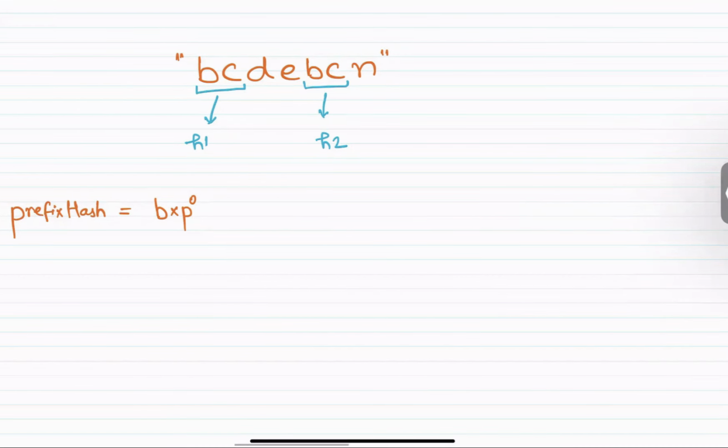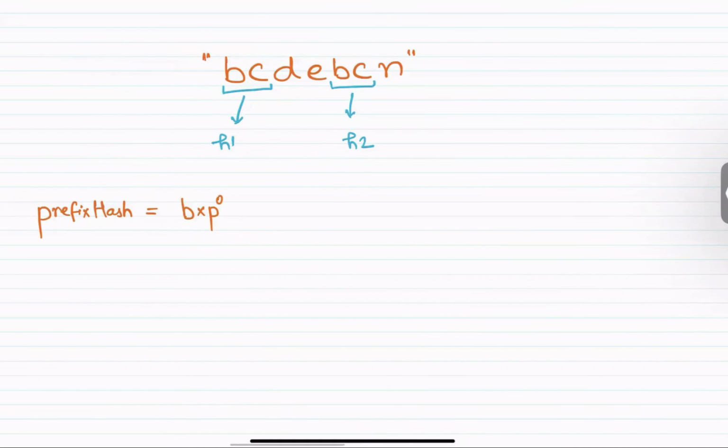And the next value, if we have to compute up to C the prefix hash, we take the previous prefix hash, multiply it with P, and then add C. So it is like B into P power 1 plus C into P power 0. Is that clear?